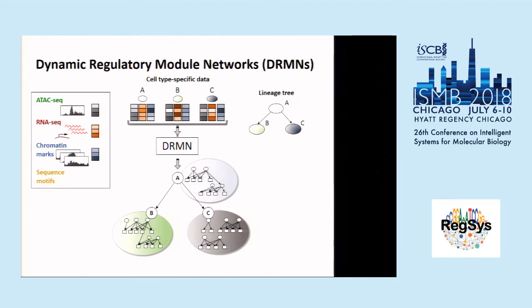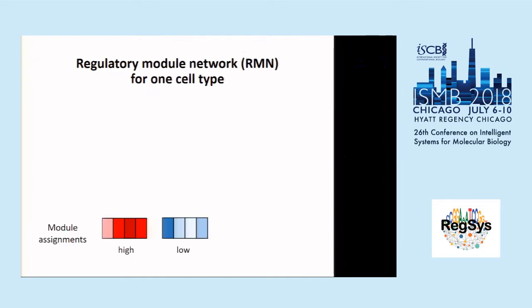We propose a new approach to infer regulatory networks and related cell types, which we call dynamic regulatory module networks. The inputs are cell type specific regulatory signals and sequence features. The outputs are inferred regulatory networks, one for each cell type. In order to tell you about DRMNs, which is our approach, I'll start by telling you what a regulatory module network is.